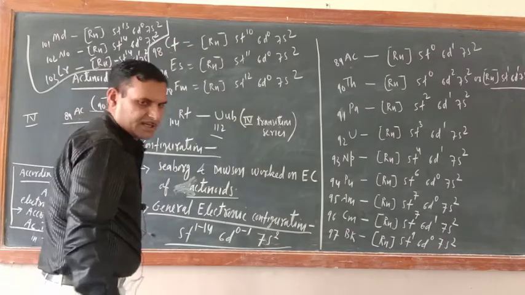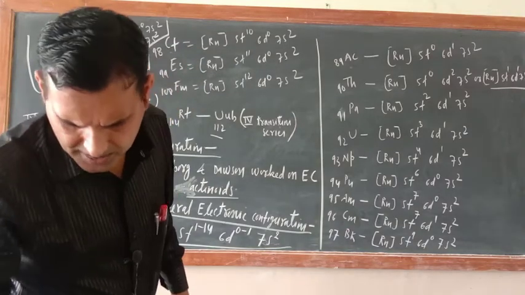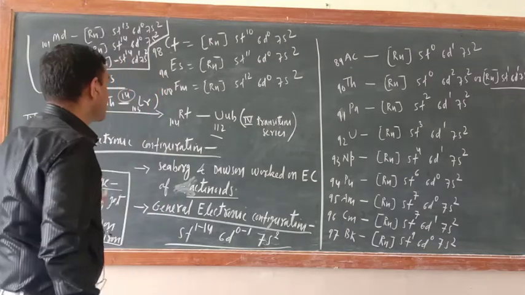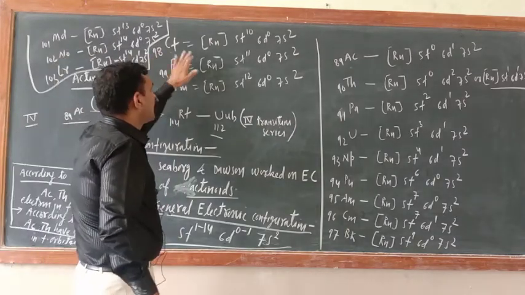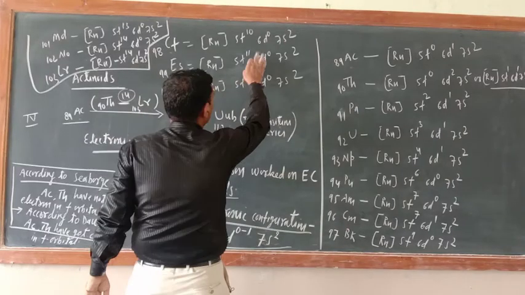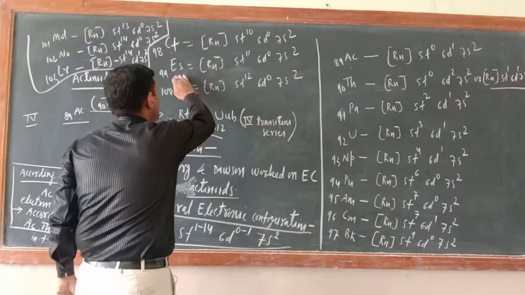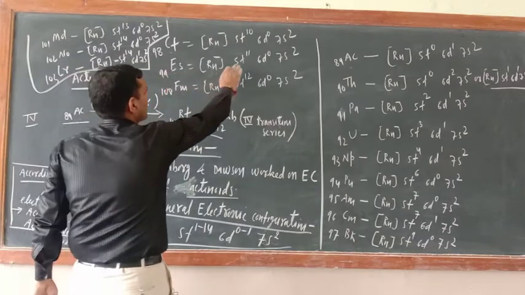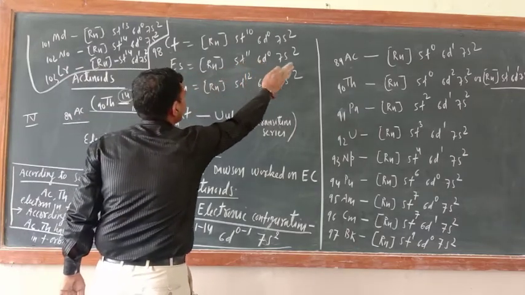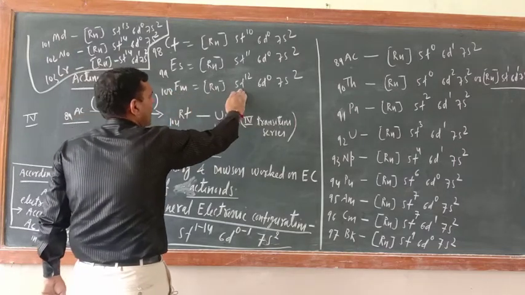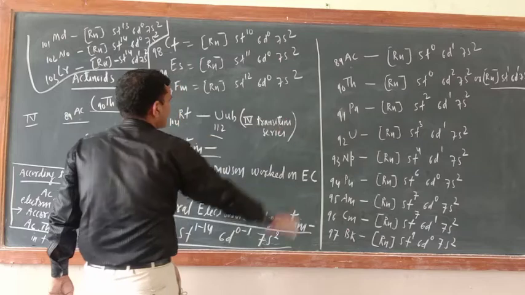Now this is Cf. What is the name of Cf? The name of Cf is Californium. California is the name of a city in America. Here 5f10 6d0 7s2. Einsteinium, named after a scientist: 5f11 6d0 7s2. Fermium, named after a scientist: 5f12 6d0 7s2.